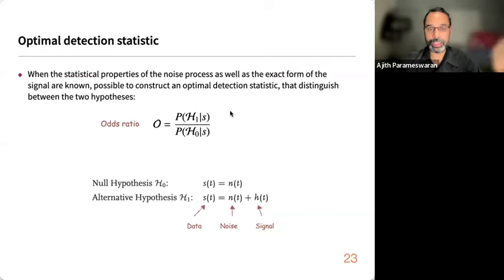Posterior probability is a conditional probability, given that you have observed this data S. So you want to compute the odds ratio: the ratio of two odds, the odds of H1 being true to H0 being true. How do we do that?